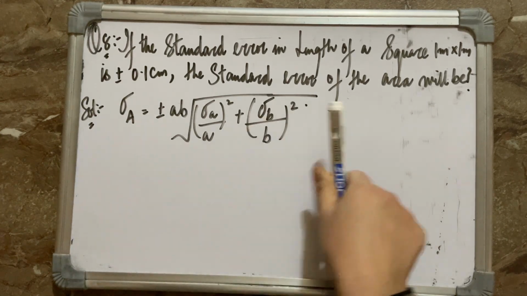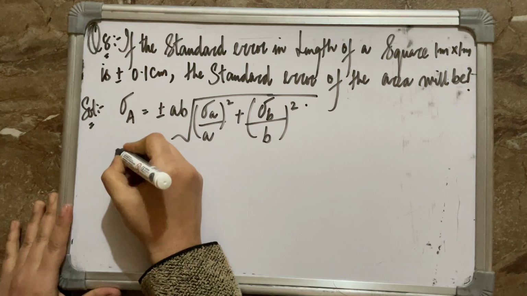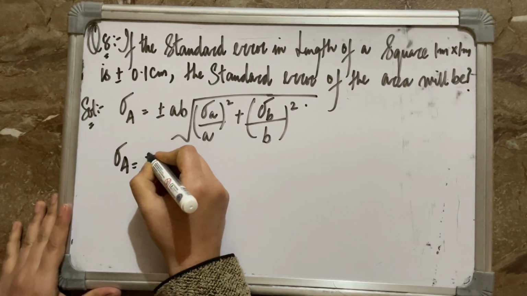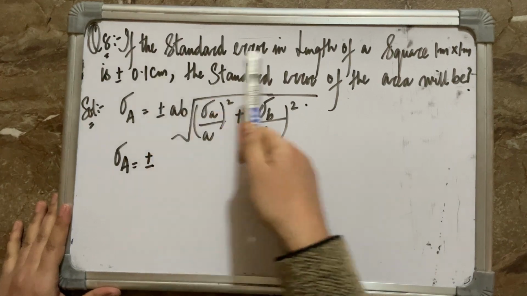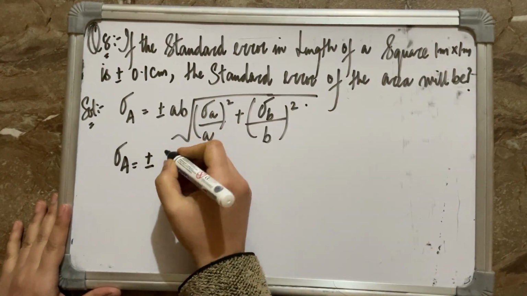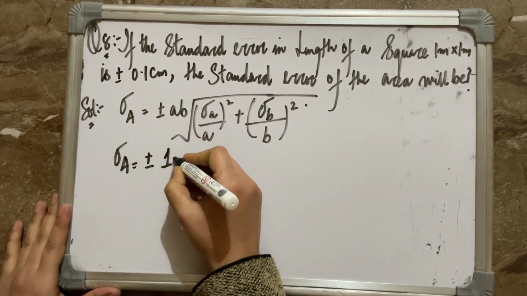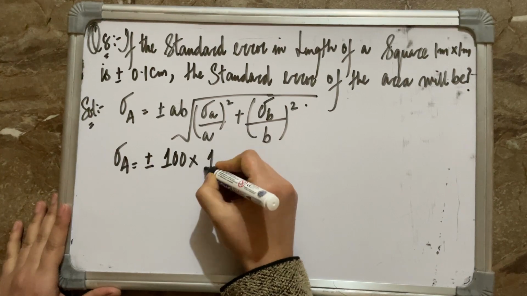So here I have to calculate the standard error of area. I may substitute my values. This is plus minus. Since this is in centimeters and this is meters, I'll convert them into centimeters: 100 cross 100.